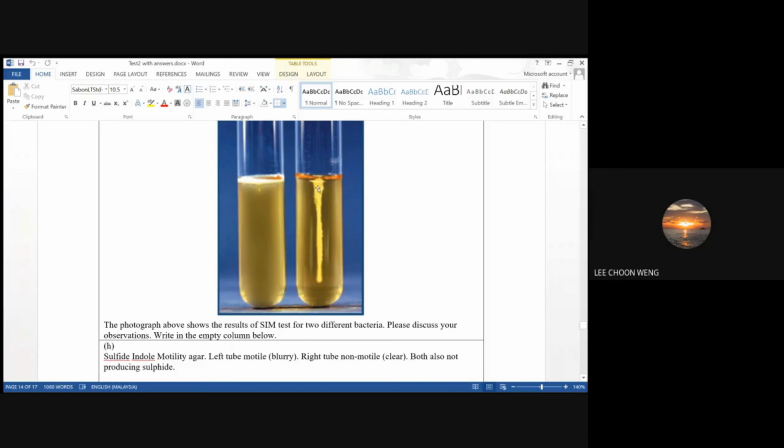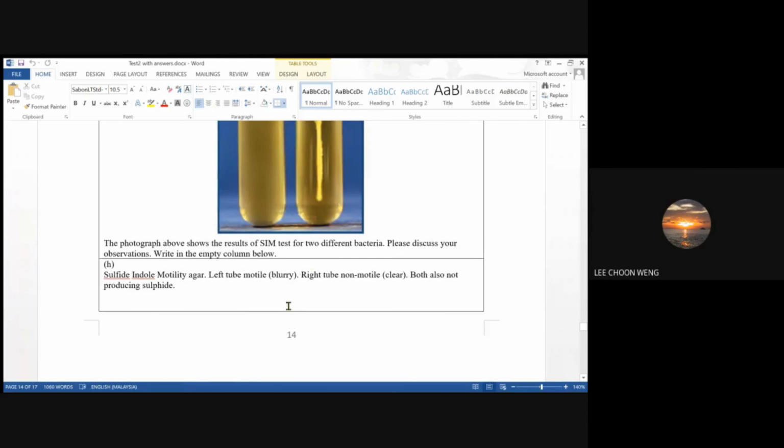So this test requires practice. That's why sometimes I will just use the fresh culture, look under the microscope to see whether it's moving, instead of doing this, because it's not easy to get a nice stab.